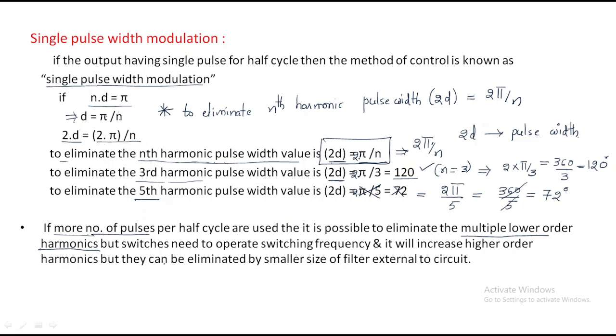If we are using multiple pulses, then multiple lower order harmonics. If we are using only a single pulse, we can remove only one lower order harmonic.